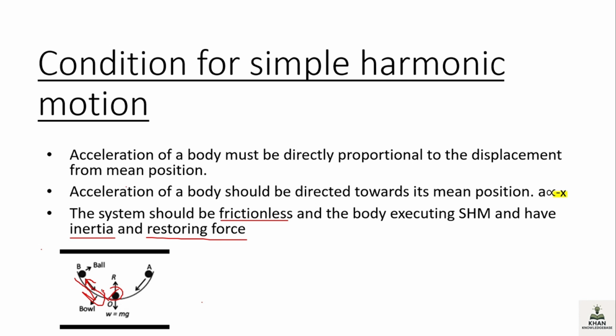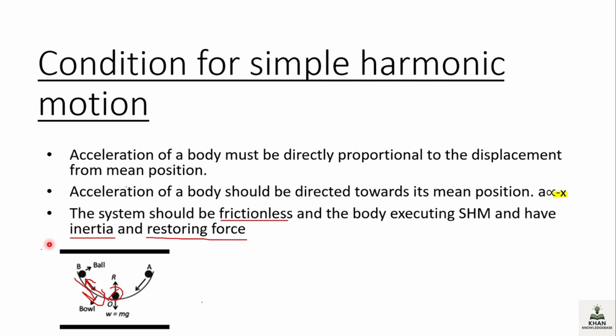At position B, the ball stops for a while and then again moves towards the mean position O under the action of the restoring force. This to and fro motion of the ball continues about the mean position O till all its energy is lost due to friction. Thus, the to and fro motion of a ball about a mean position placed in a bowl is an example of simple harmonic motion.